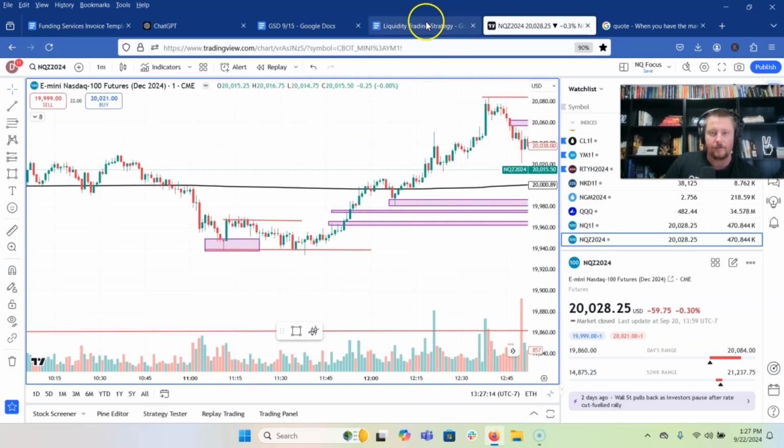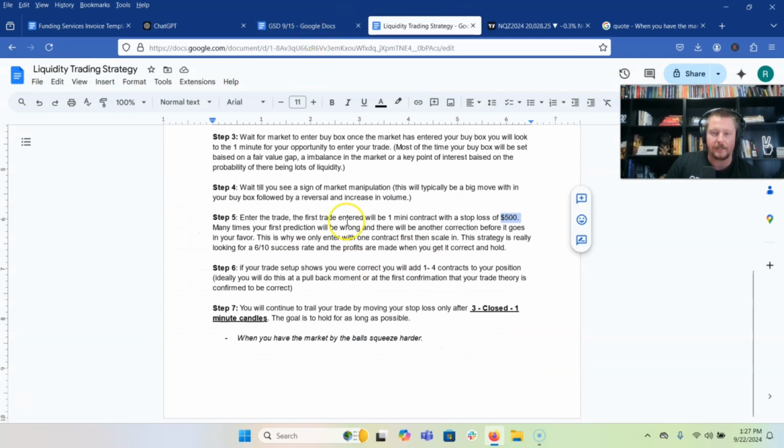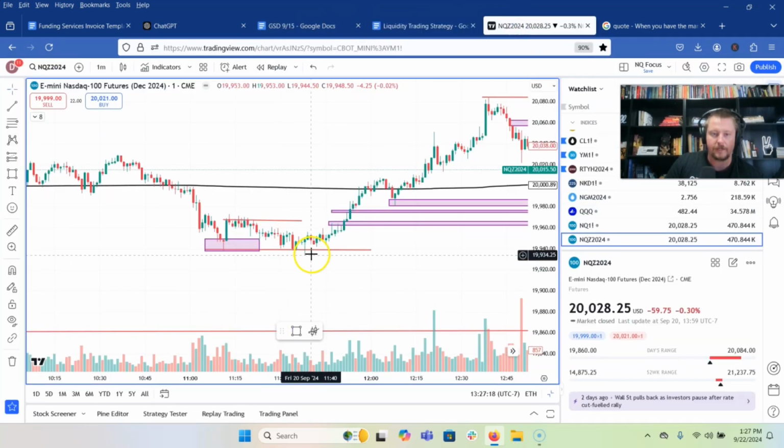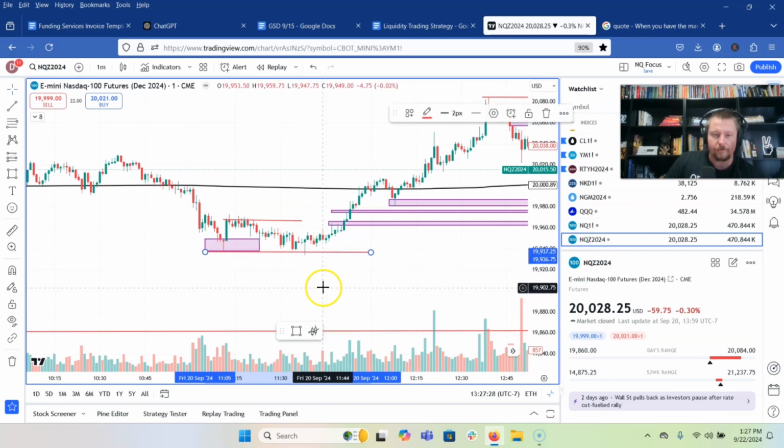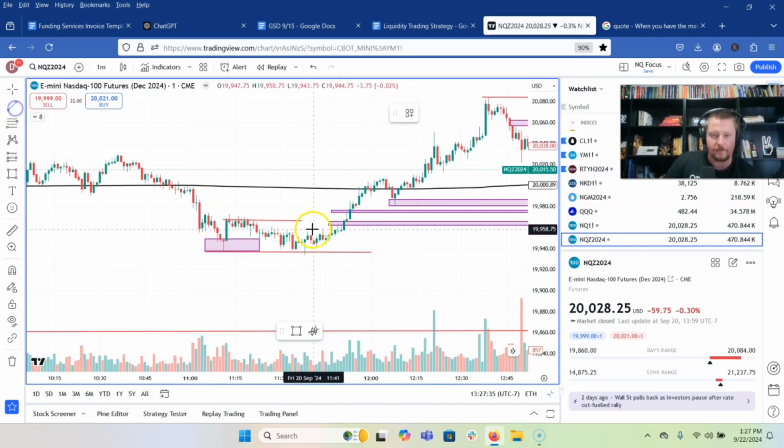Okay. And the way that you scale is as soon as you see the confirmation. Okay. So let's say you got in down here, on this one market manipulation. You say, oh my God, we broke through the resistance, and then we reversed. Okay. Reverse breakout. Then maybe you entered your trade right here.